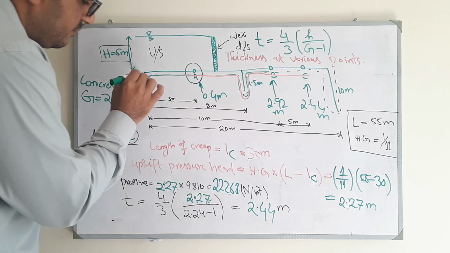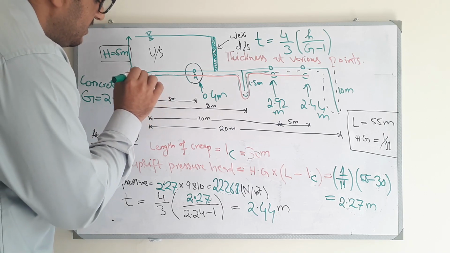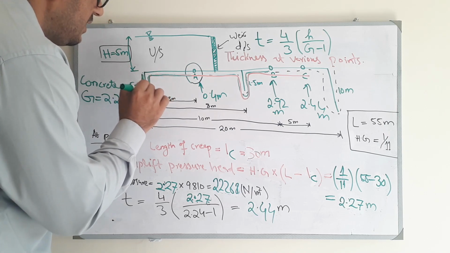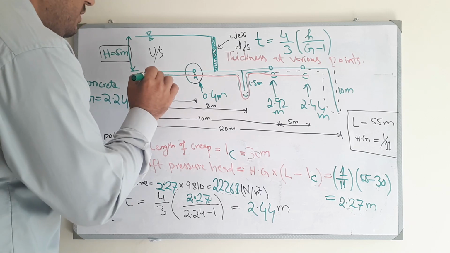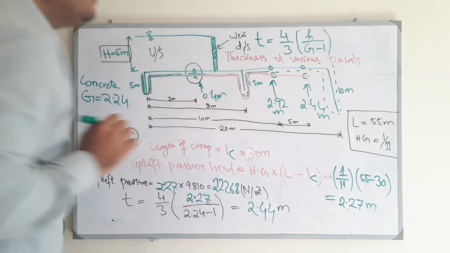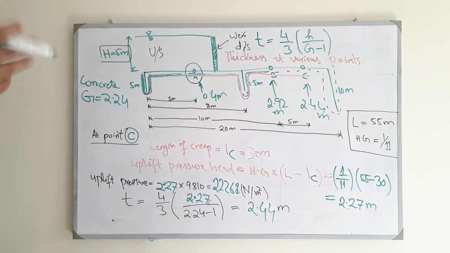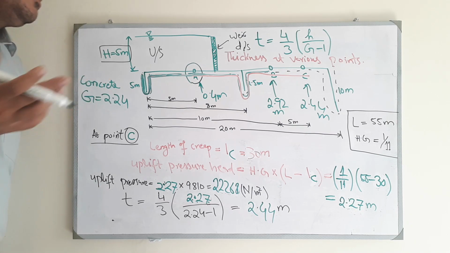Like this part of this path which is traversed by the water particle is the vertical creep, and this is the horizontal creep. So he said that both will dissipate the head in a similar pattern. Like he didn't make any distinction.